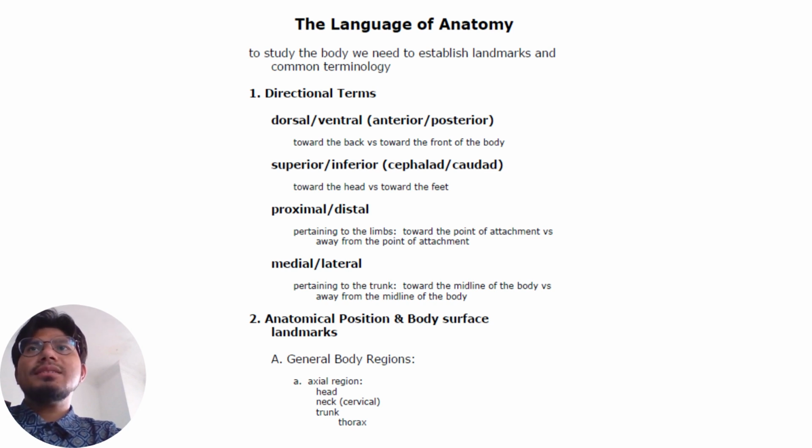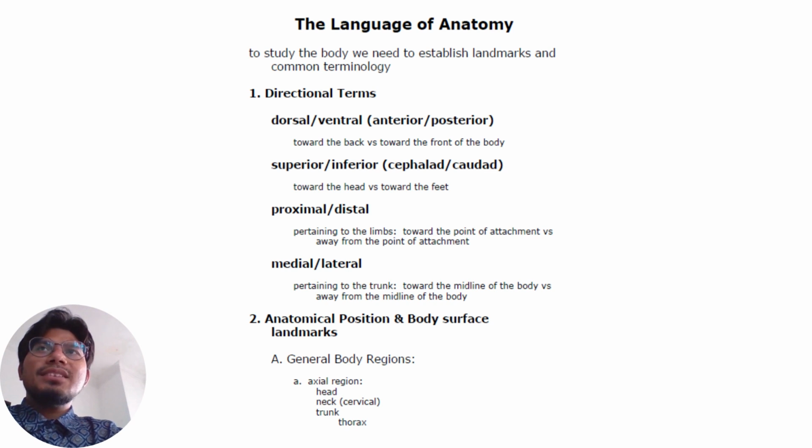Proximal and distal, relative to an attachment. Proximal is towards the point of attachment, distal is away from the point of attachment, while medial and lateral pertain to the trunk or midline. Medial is towards the midline and lateral is away from the midline of the human body.